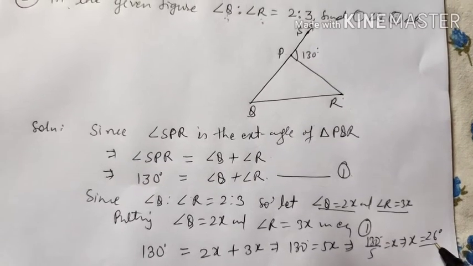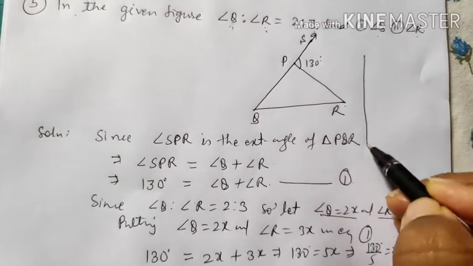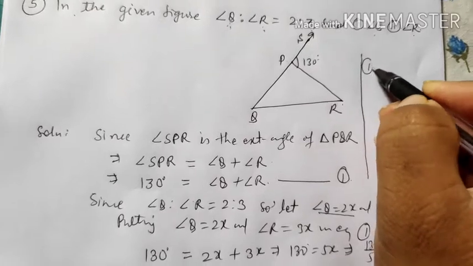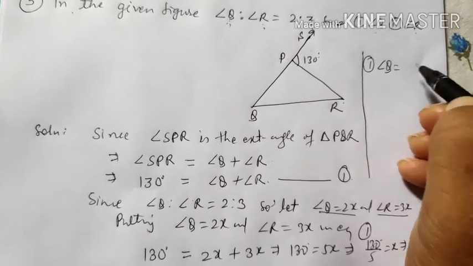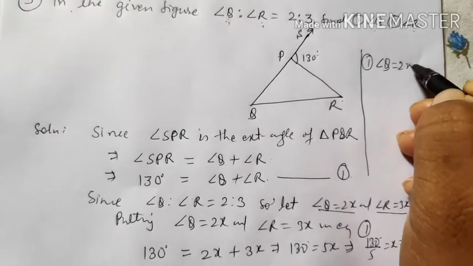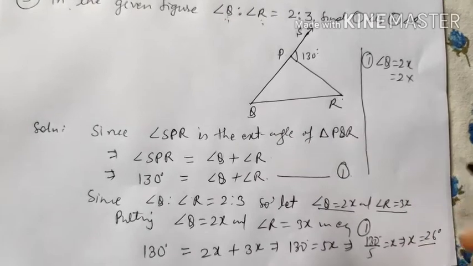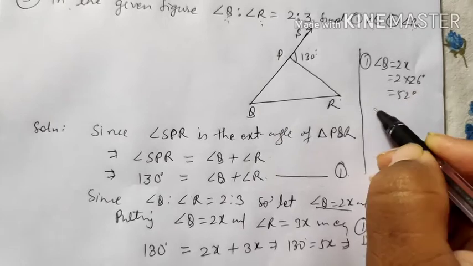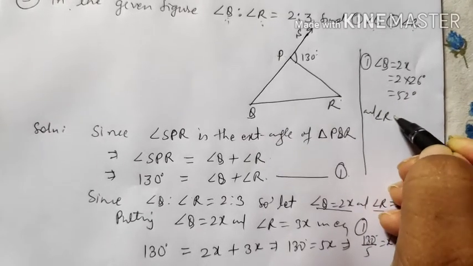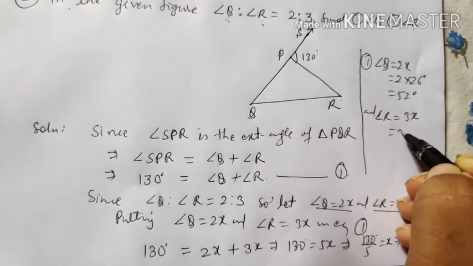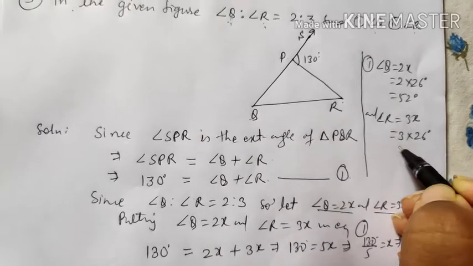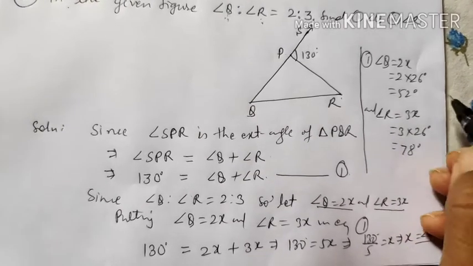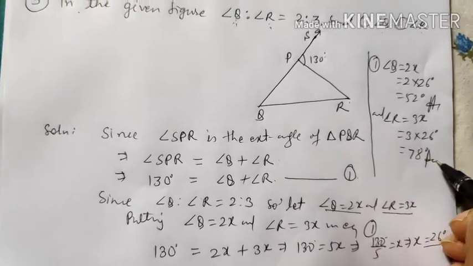So the value of x is 26 degree. That means angle Q equals 2x, and 2x equals 2 multiplied by 26 degree, that is 52 degree, and angle R equals 3x, that is 3 multiplied by 26 degree, that is 78 degree, and these two are our answers.